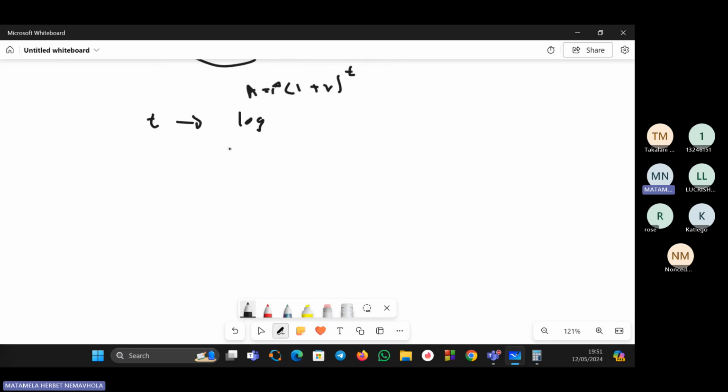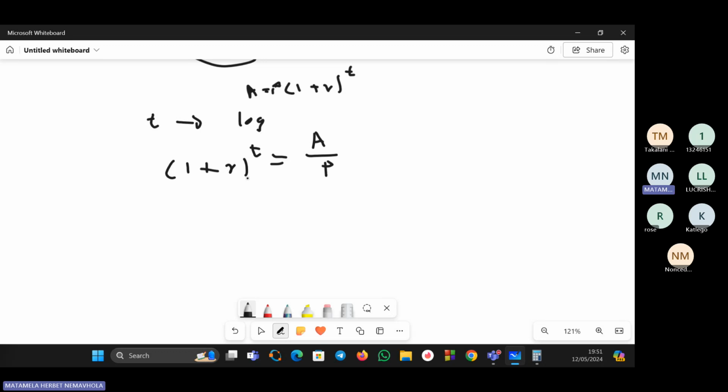You have 1 plus R to the power T equal to, we divide by P, A over P.